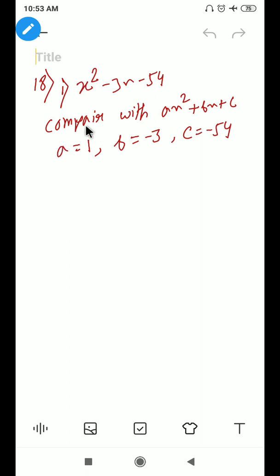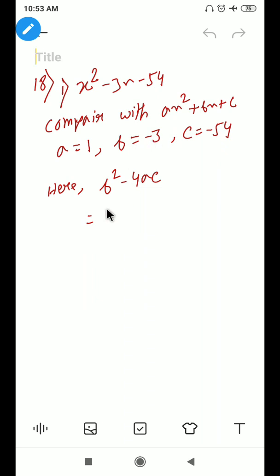Now if this is factorizable, then b square minus 4ac should be a perfect square. Now here, b square minus 4ac, how much will it be?